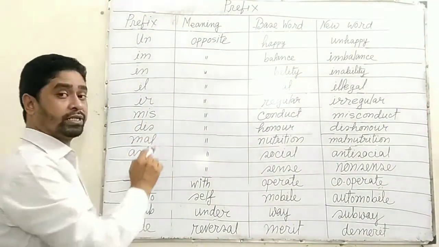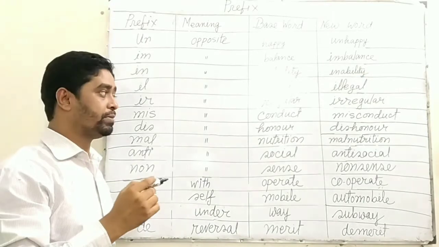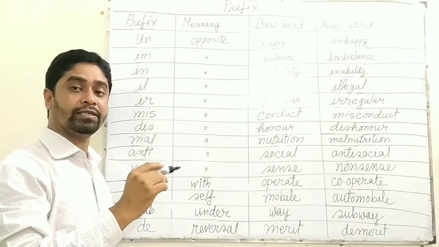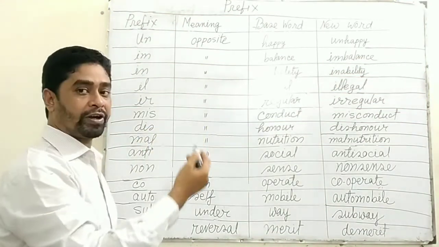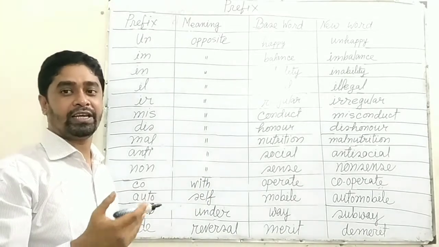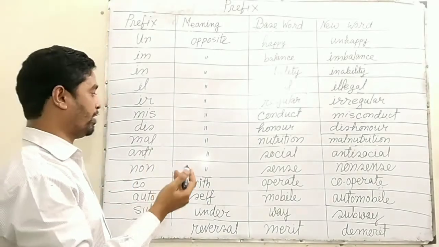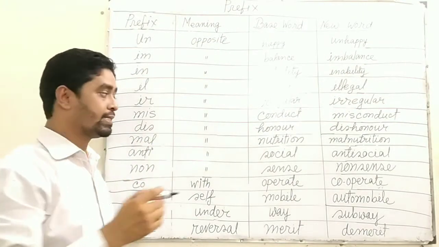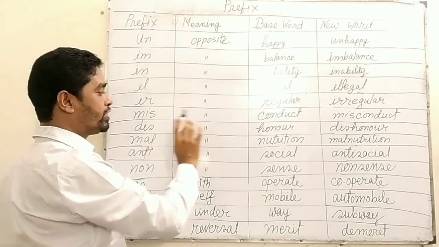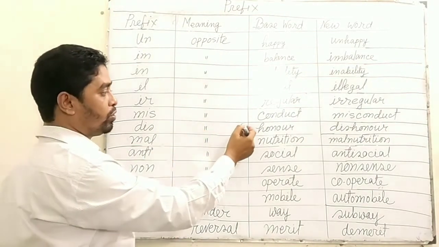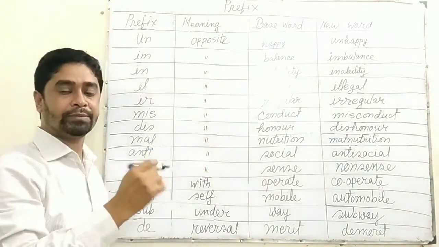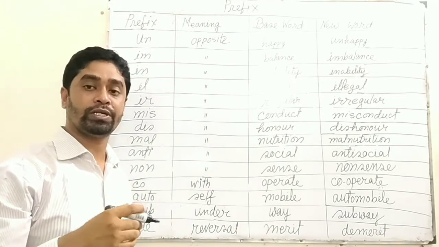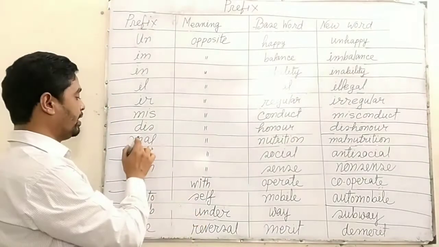Next, mis. It also expresses opposite meaning, base word conduct, and by adding mis before conduct, we find the opposite word, misconduct. Next, dis. It also expresses opposite meaning, base word honor. If we add dis before honor, then it creates the opposite word, dishonor.